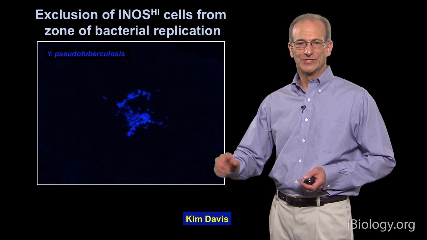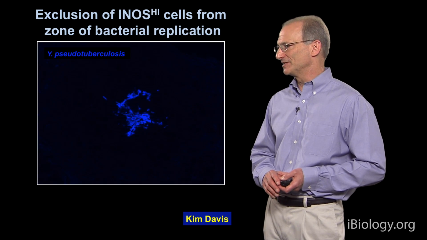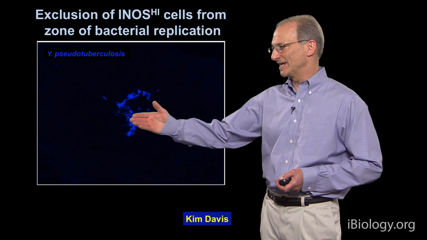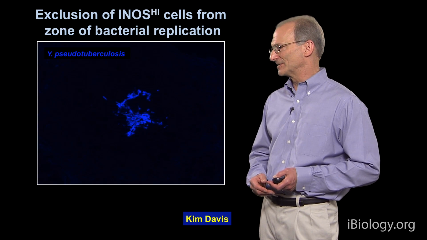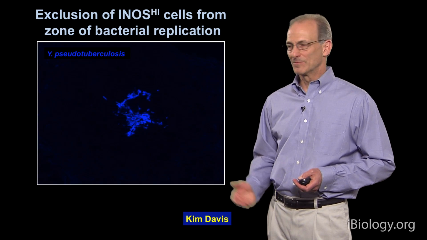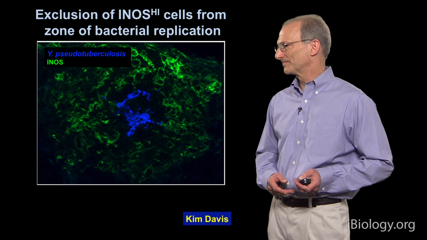What I'm going to show you is a series of panels showing a typical colony of Yersinia pseudotuberculosis growing in tissues. In blue are the bacteria, which we stain with antibody directed against the bacteria, and you see this nice colony. The second thing I'm going to show you is a stain for inducible nitric oxide synthase.